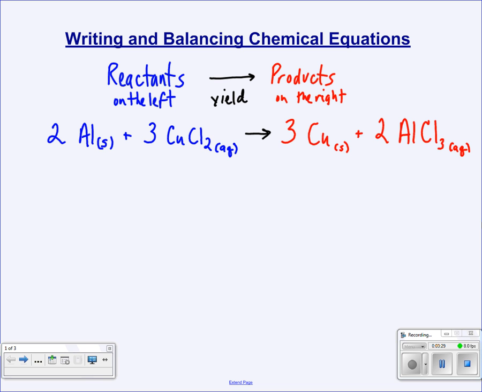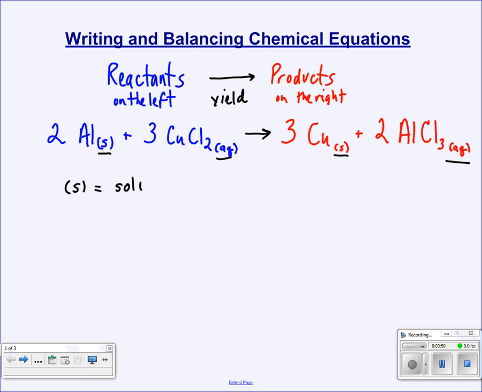Now you may notice that I did put these little S and AQ after the compounds in the chemical reaction. Anytime you read a chemical reaction, if there is a small s, a subscript s, written after the compound, that means the compound is a solid.